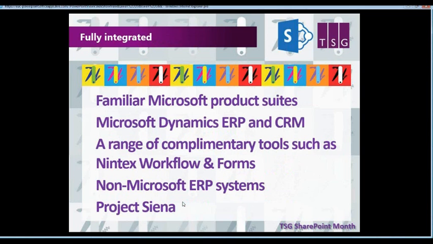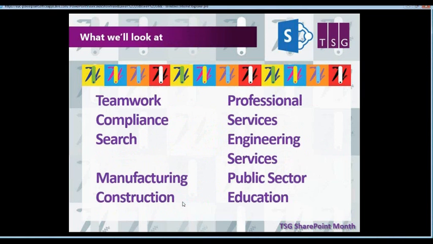So an example might be building a Project Sienna application for use by mobile engineers, where you want to present to them in a straightforward graphical manner technical data sheets, best practices, etc. Those might be held in SharePoint, or on supplier websites, etc. We can bring all those together in a simple Windows 8 application.